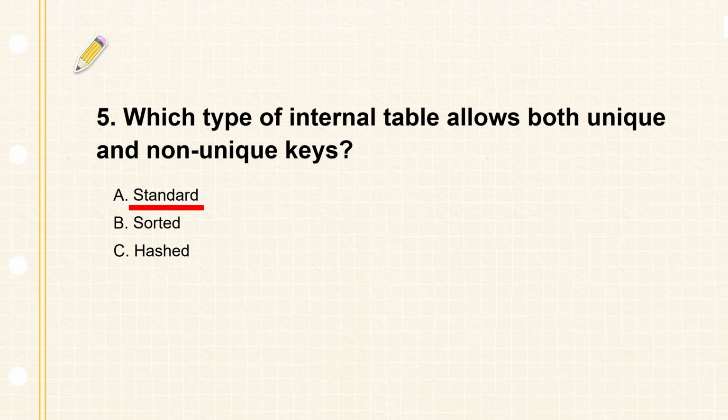Incorrect. Standard tables do not support keys explicitly. Correct. Sorted tables can be defined with either unique or non-unique keys. Incorrect. Hash tables require unique keys for their hashing mechanism.